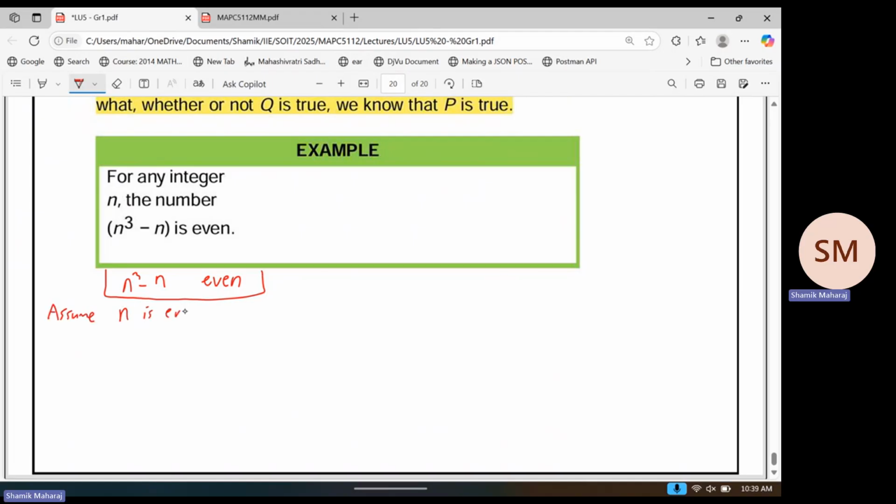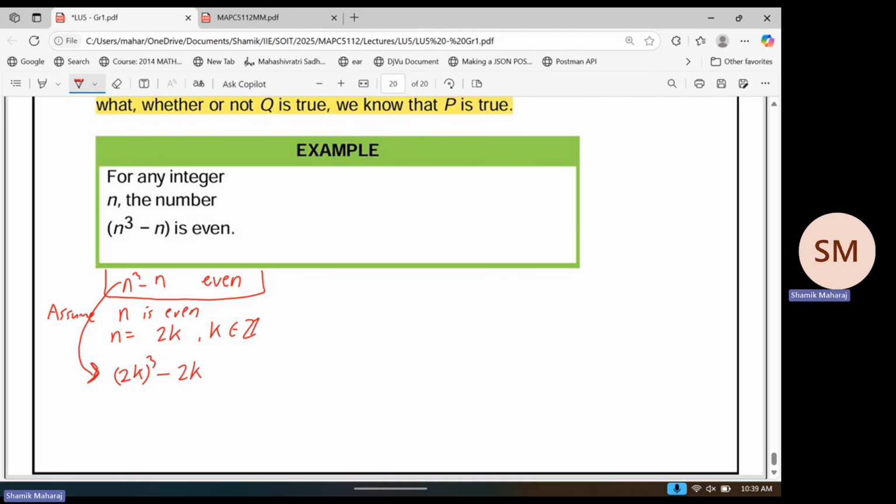Assume n is even. That means we write n as 2k, where k is an integer, k an element of the integers. Then I substitute that into the formula above, and I end up getting (2k) cubed minus 2k.